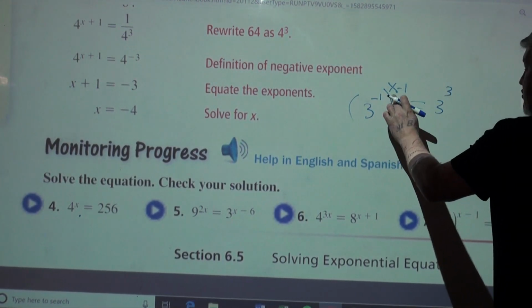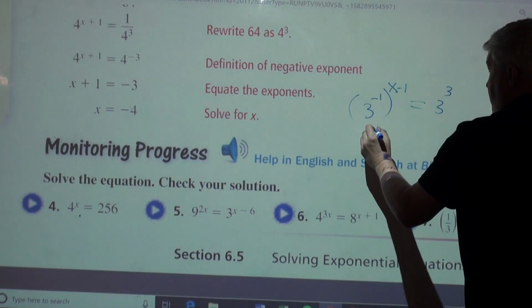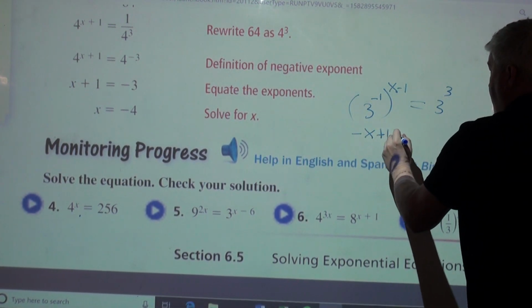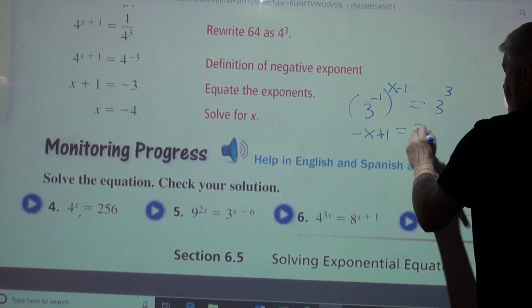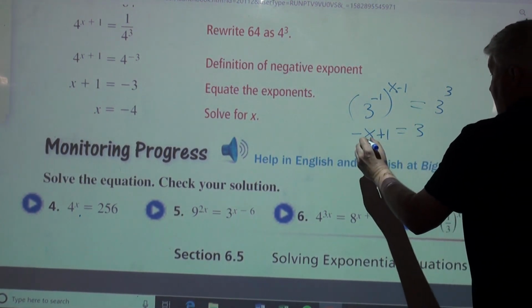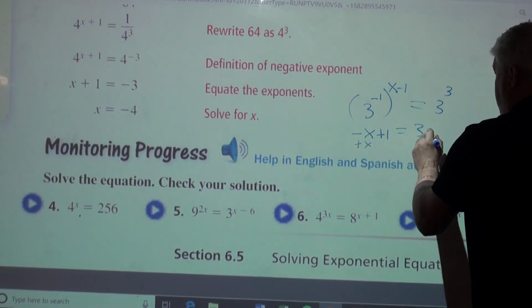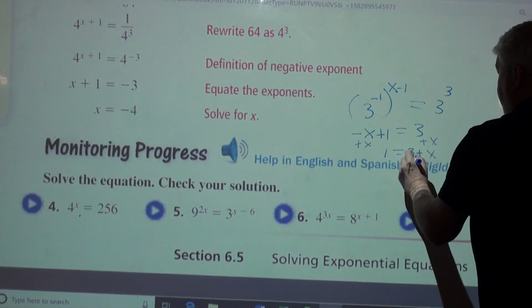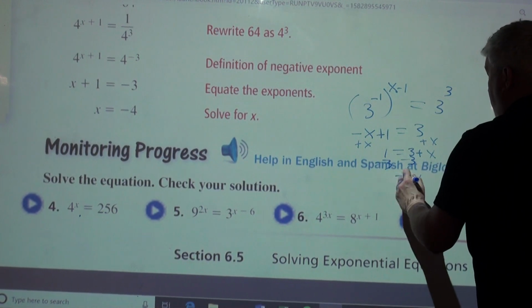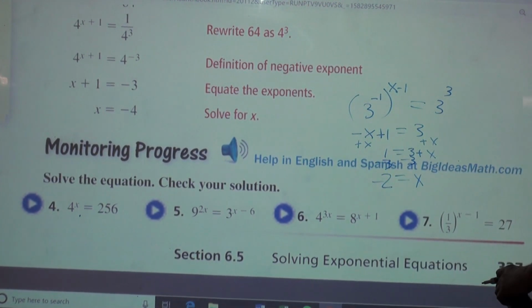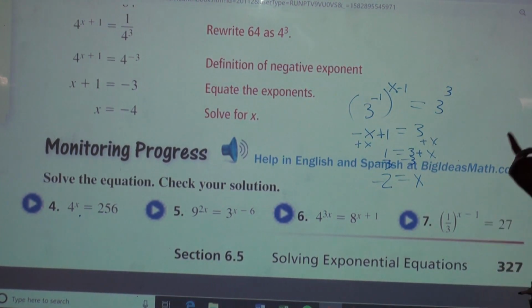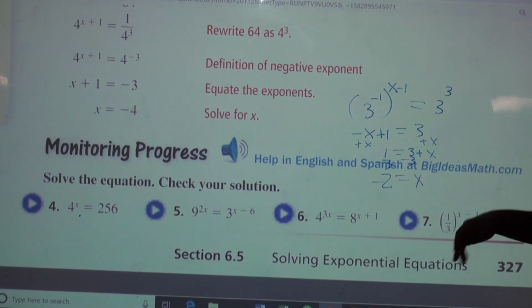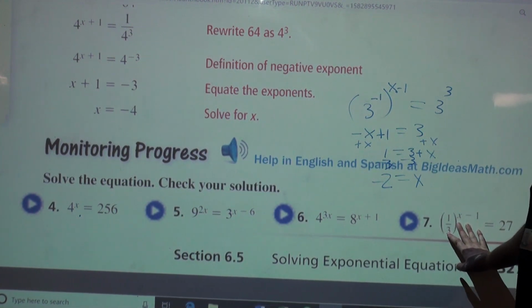Okay? Multiply these together. I have negative x plus 1 equals 3. I'm going to add x to both sides. I'll have 1 equals 3 plus x. Subtract 3. And I get x equals negative 2. Let me see if I like that. Yes, I do. Okay, so the answer to 7 is negative 2.